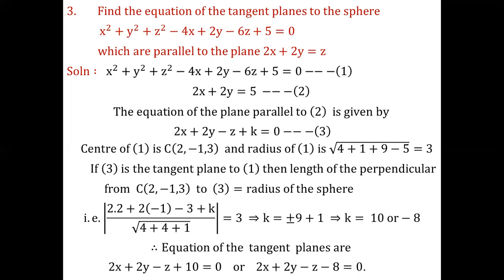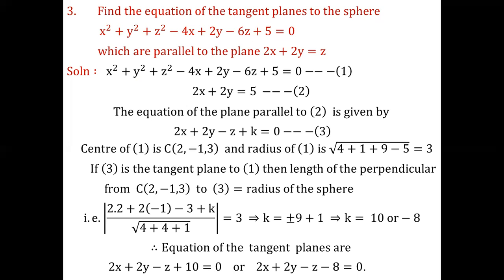The center of 1 is C, that is 2, minus 1, 3, and the radius of 1 is root of u square plus v square plus w square minus d. Using that equation, you are going to get 3. If 3 is a tangent plane to 1, then the length of the perpendicular from C to 3 is nothing but the radius of the sphere.